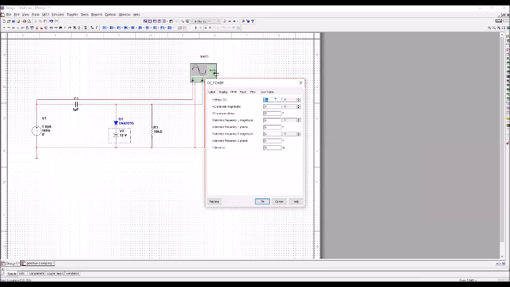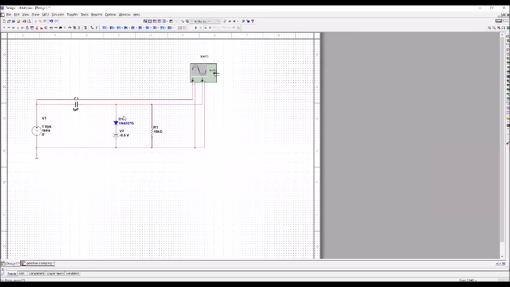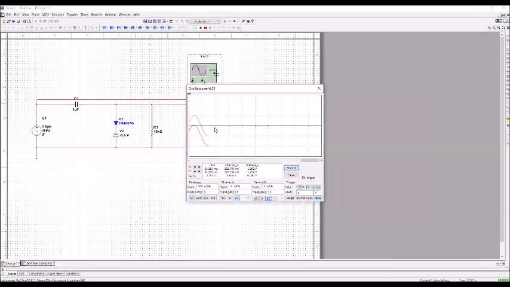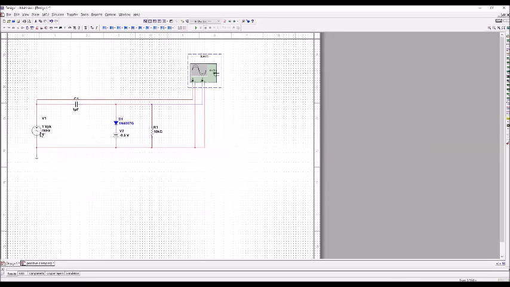Since the drop here is plus 0.5, here it should be negative. And now we can see that it's clamping at 0.